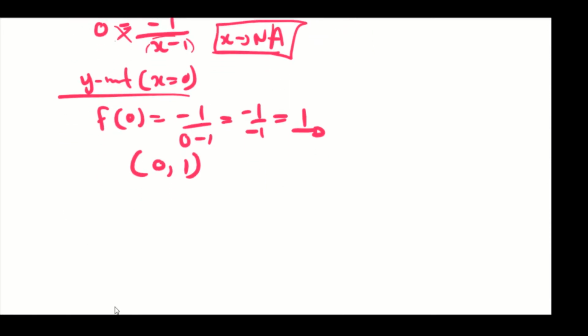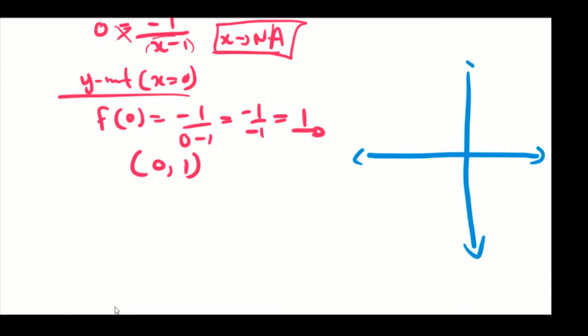Now we can draw our function. We're going to label the Cartesian plane: this is your y and this is your x. Remember that we don't have an x-intercept, but we have a y-intercept. The y-intercept when x is 0 is 1, so let's say this is the y-intercept, (0; 1).